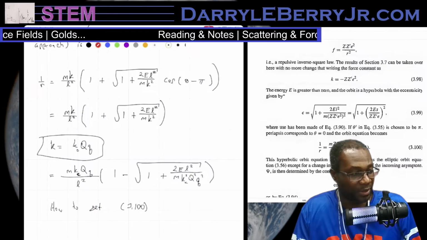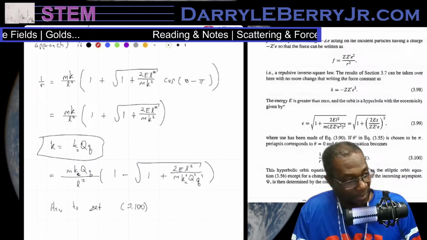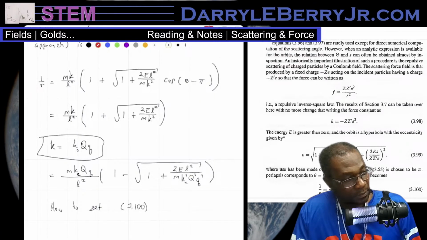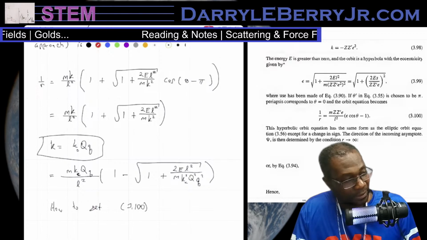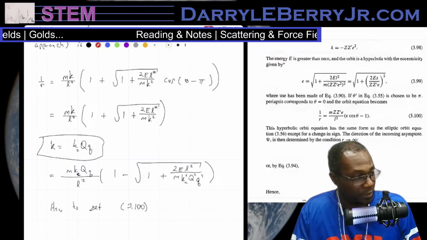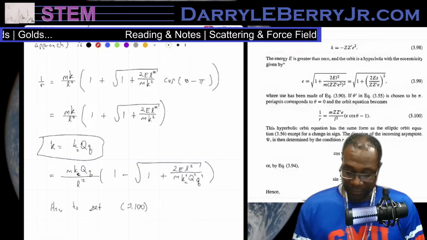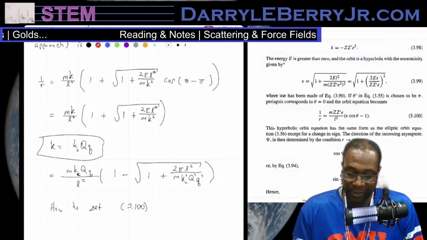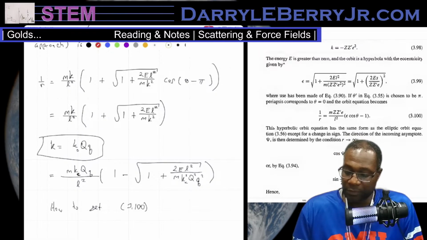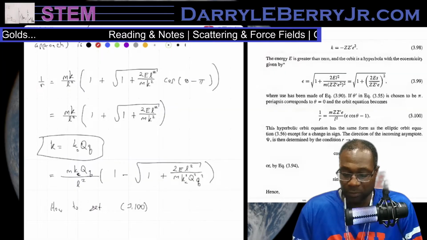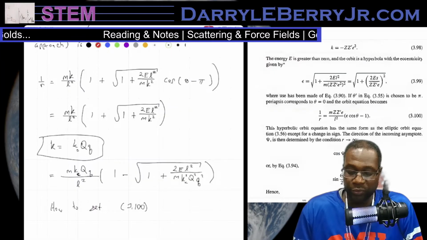So basically, what we're looking at is, it looks like this epsilon there is going to be the eccentricity, and we're looking at a scattering problem between two charges. So the Coulomb force is causing a repulsion.